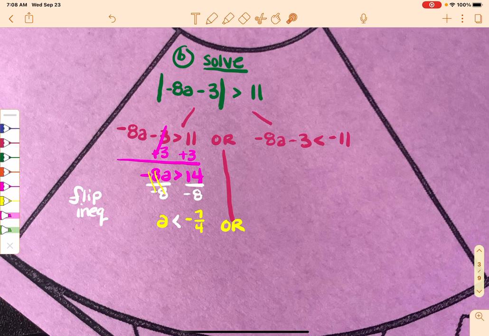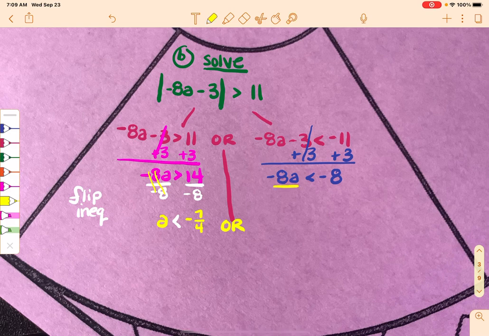Okay, now we're going to focus on this side over here. And we're going to start the same way. We're going to get rid of this. So the opposite of subtracting 3 is adding 3. So negative 8a is less than, if I have negative 11 plus 3, it's going to be negative 8. Okay, now, if I want to get a by itself, I'm going to have to get rid of this negative 8, just like the last one.